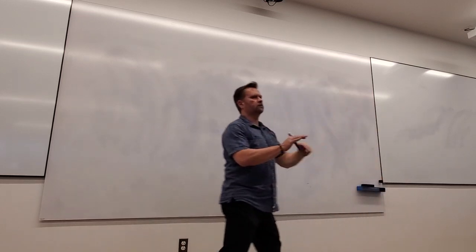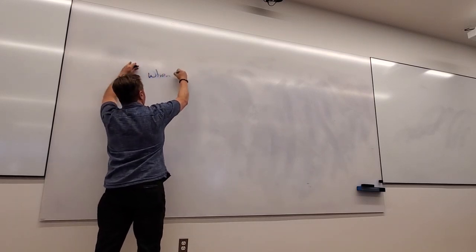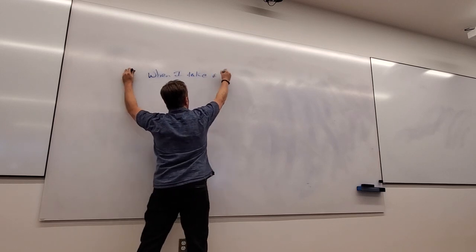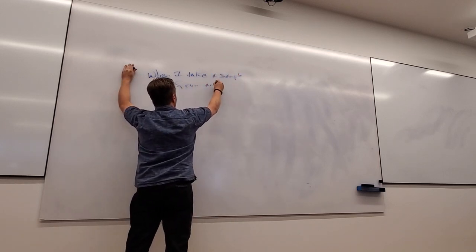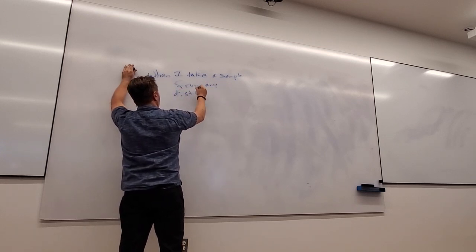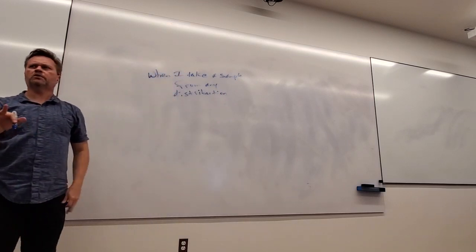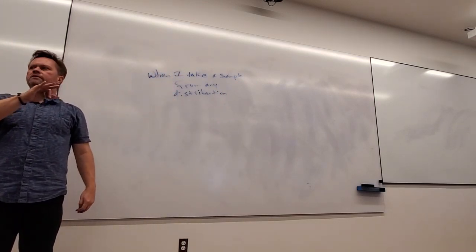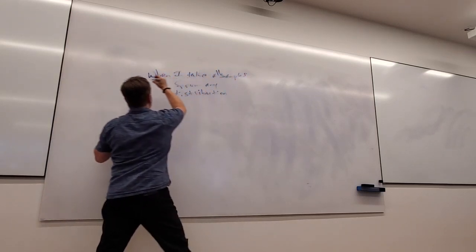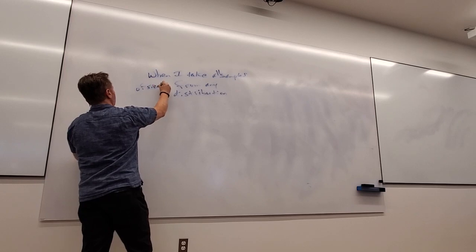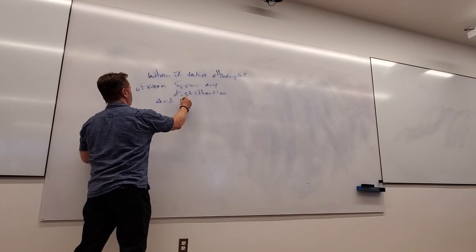Okay. So here's the whole idea. When I take a sample from any distribution, I take all samples of size n from any distribution and I plot the sample means.